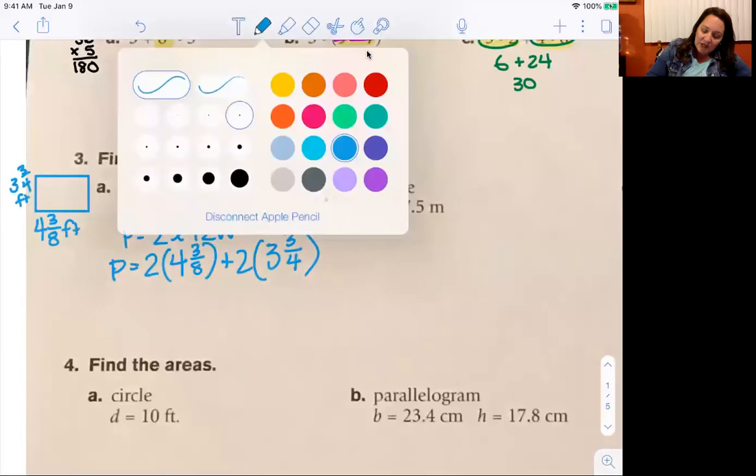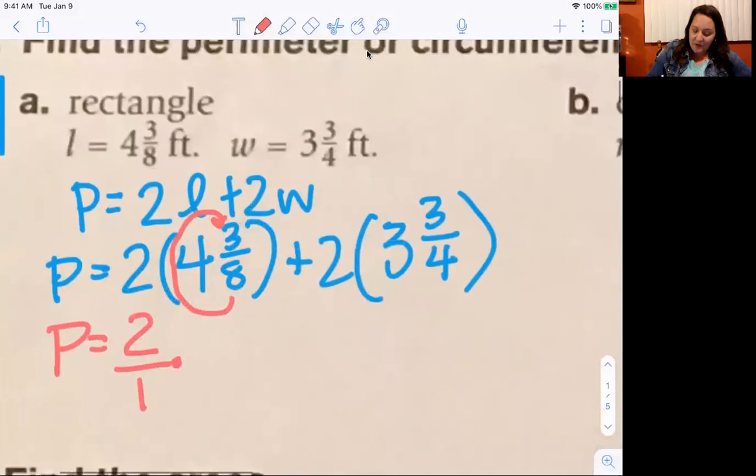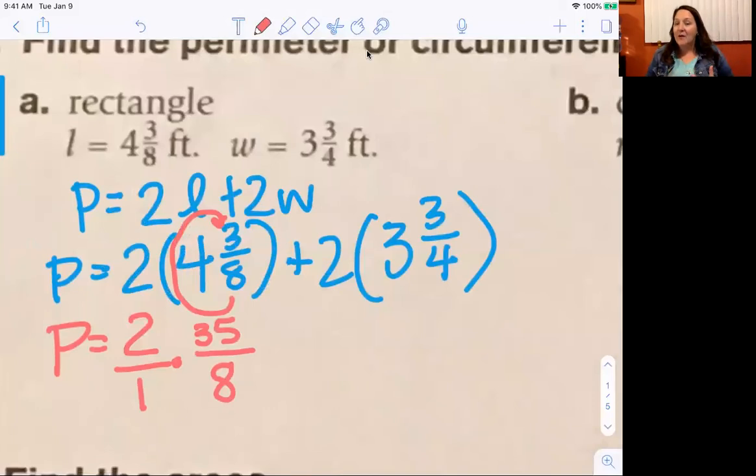So in order to change 4 and 3/8 to an improper fraction, we do a backwards C. So perimeter equals 2 over 1 because we're multiplying, times 8 times 4, which is 32, and 32 plus 3, which is 35. So 35 over 8. I got 35 over 8 by doing a backwards C, okay?